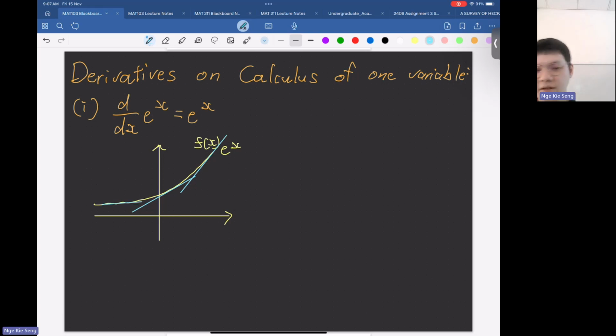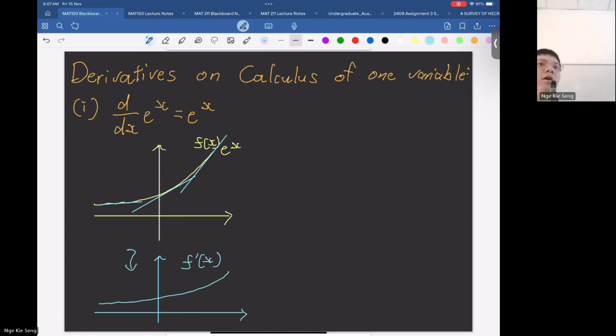Okay, so the gradient tells you what? If you look at the derivative of your f, it is still an exponential function. So this is why the derivative is true. The gradient also changes like an exponential function.